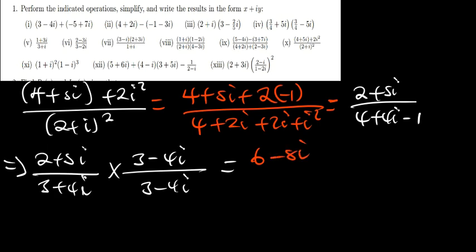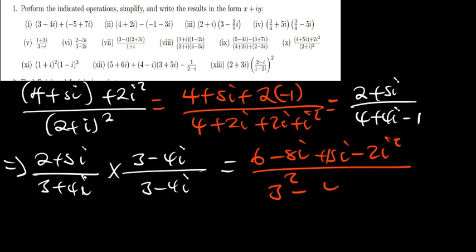Then 5 times 3 is plus 15i. 5 times negative 4i is negative 20i squared. The down part, when you're multiplying this by its conjugate, square the one having negative. So here I'll say 3 squared minus 4i, then I square this, like that. It's the same. Even if I do this times that, this times that, it's the same thing. So I'll continue from here.